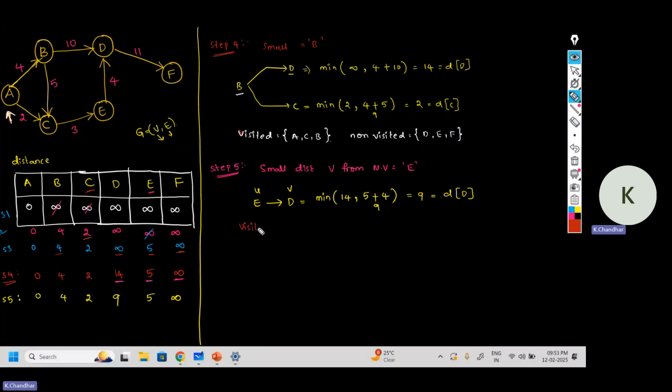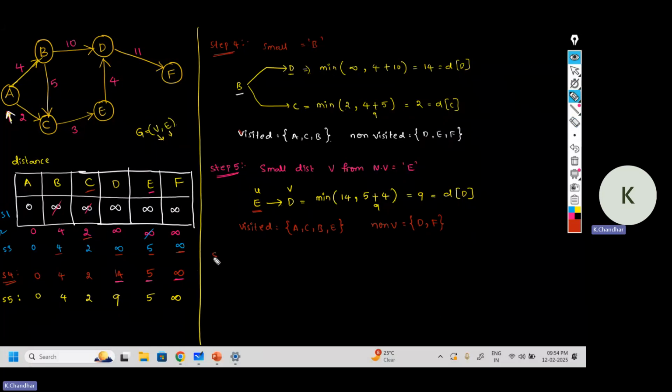Visited vertices are A, C, B, which I am selecting from the previous step, along with this U, which is E. Non-visited means excluding these, I need to write the remaining vertices: A, B, C, D still it is not yet completed, E already visited, F I am going to write. Still we have 2 more vertices.